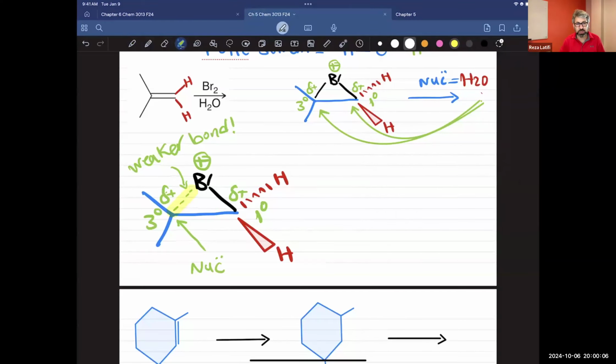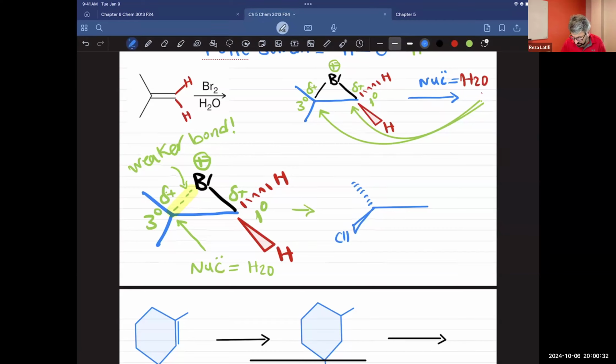What does it mean? It means your nucleophile, which is H2O, will be added to the tertiary carbon. So this is going to happen. I will have here a methyl, there, one methyl is here.